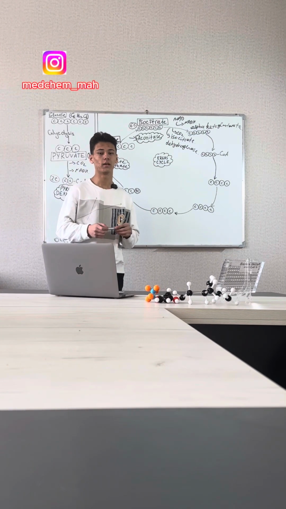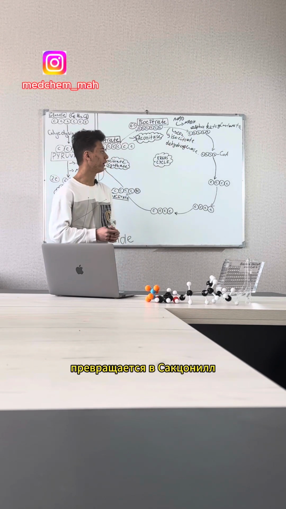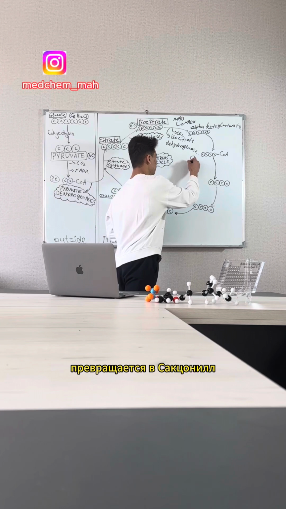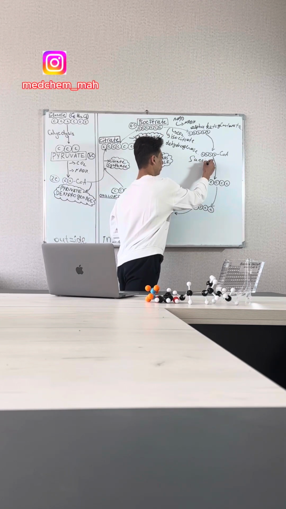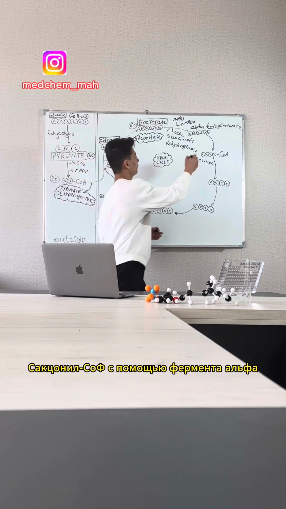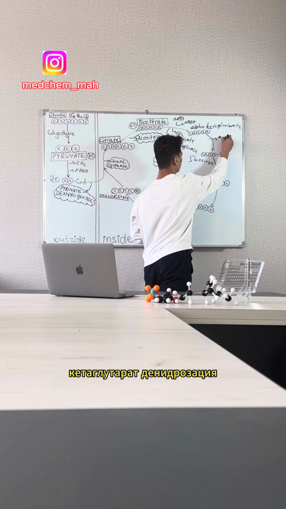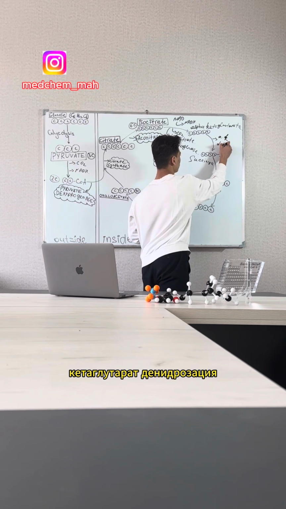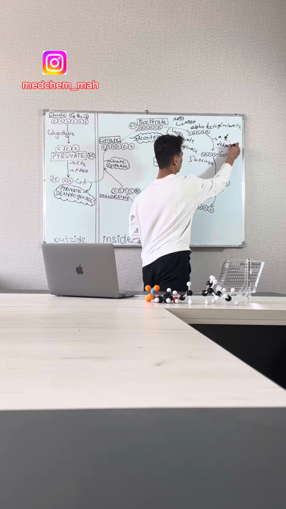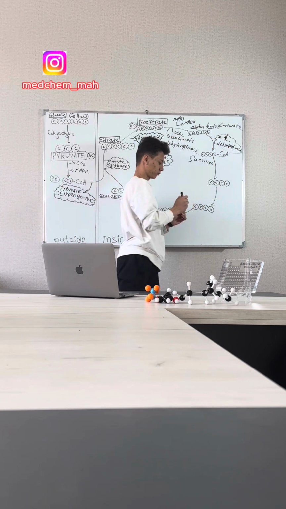The next step is that the molecule of alpha ketoglutarate is converted to succinyl-CoA by the enzyme alpha ketoglutarate dehydrogenase.